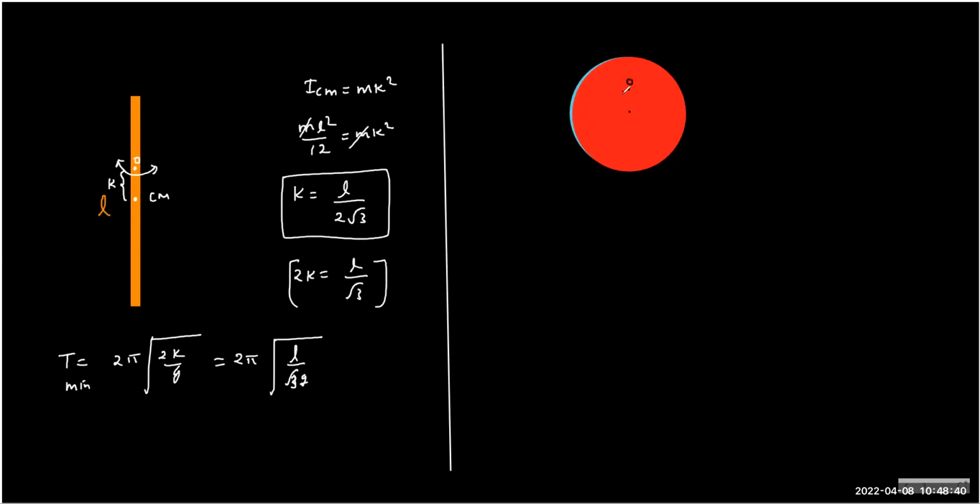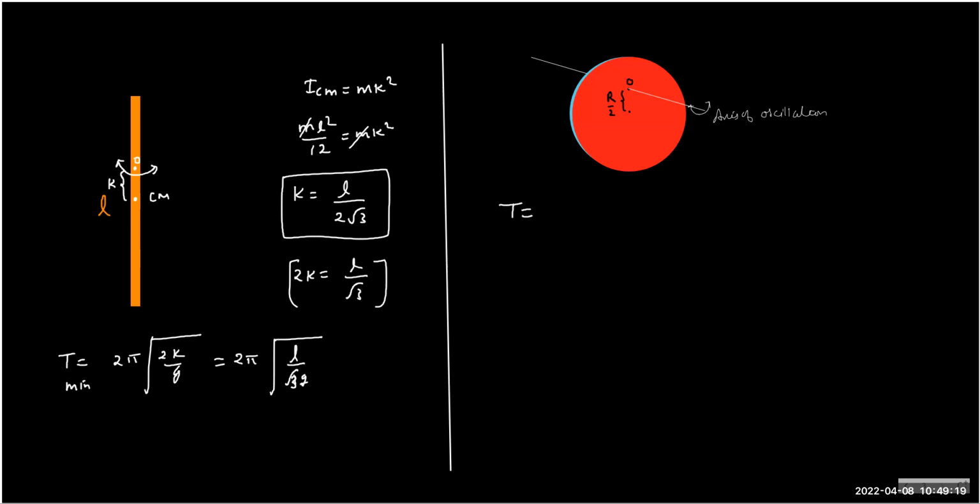So this is the point of suspension, and it is given that this is R by 2. So this is the axis of rotation or oscillation. Here I'm not asking for the minimum. What is the time period?